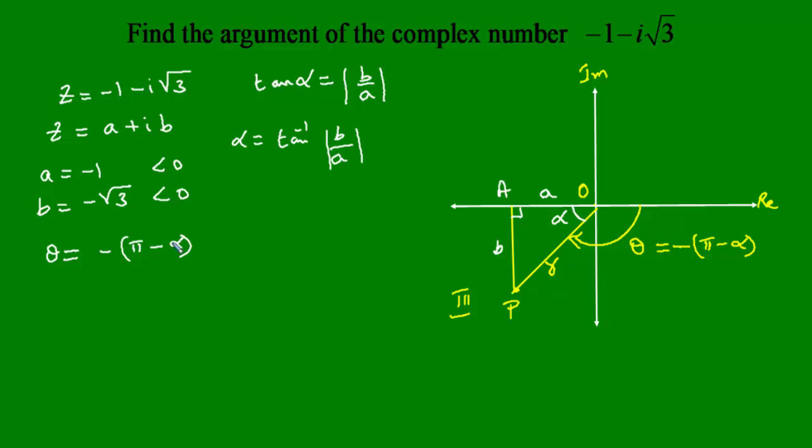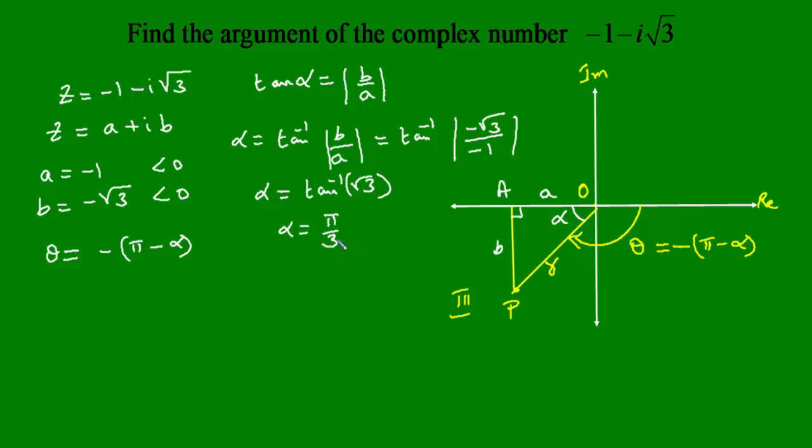Now first let us find what alpha is. Alpha is equal to tan inverse b upon a, that is, negative root 3 upon negative 1, with the modulus sign. From this we get tan inverse root 3. So this is what alpha is. From trigonometric tables we can say that alpha is therefore pi by 3.